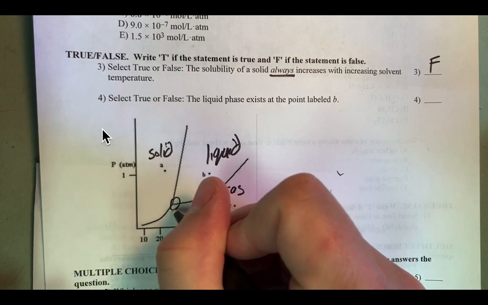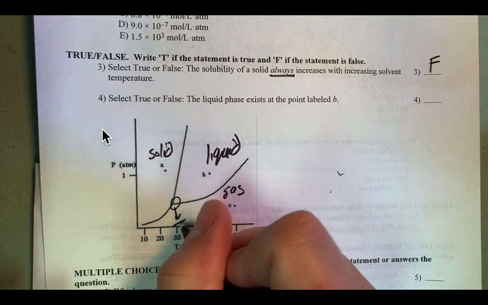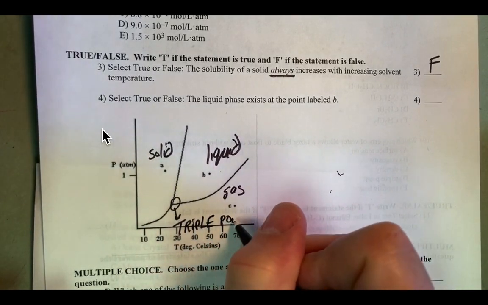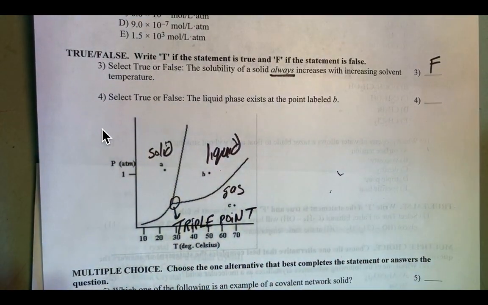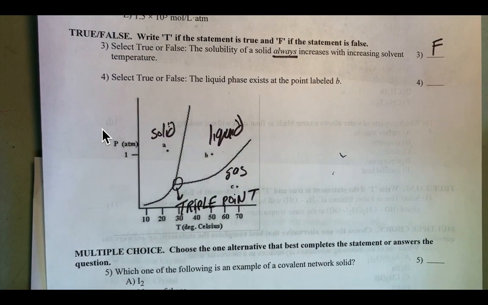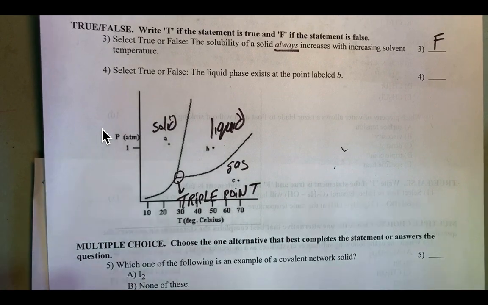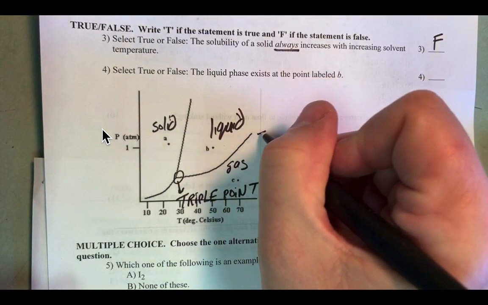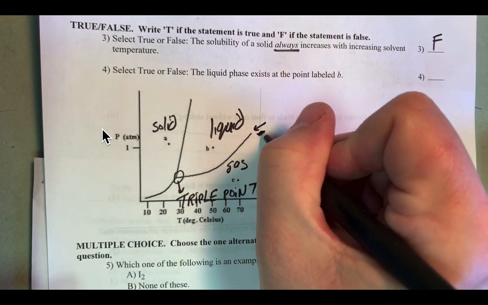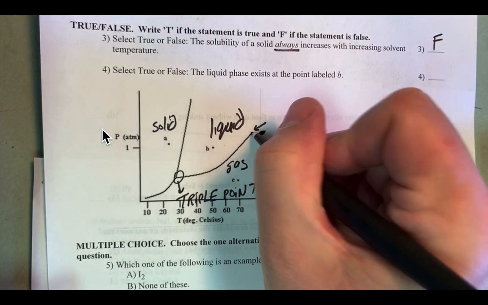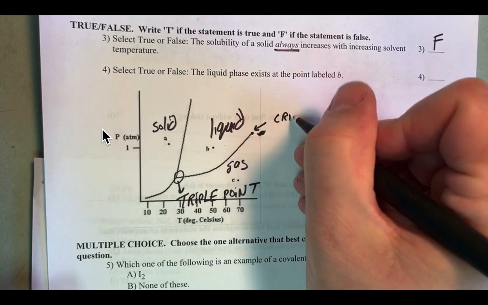Also, a couple of points on here. Where the 3 lines intersect, this is called the triple point. And areas where these lines just fall off, this isn't a mistake, they didn't draw it short here. At this point right here, this is called a critical point.